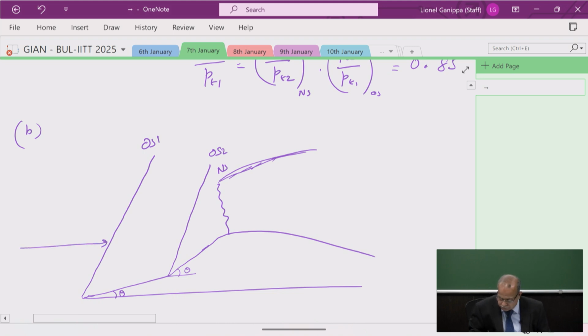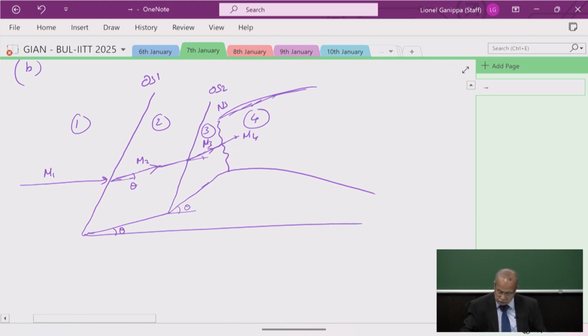So here it is M1, the flow turns by an angle theta to have the M2, and then the flow turns to go normal to it. So here it is M3, this is M4, 1, 2, 3, 4.